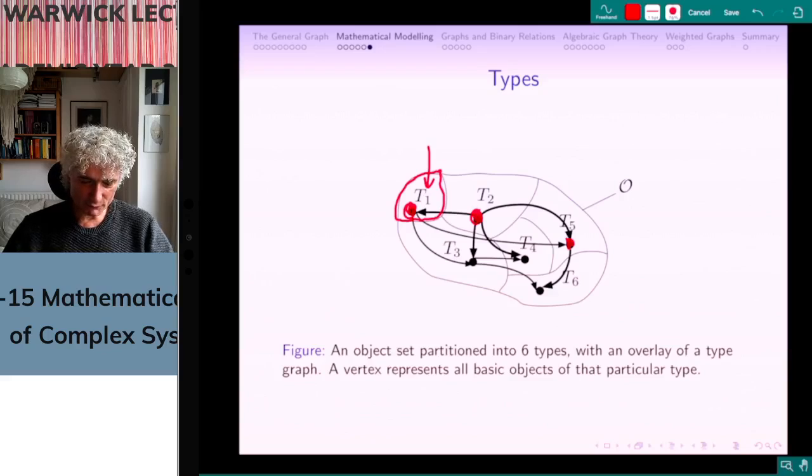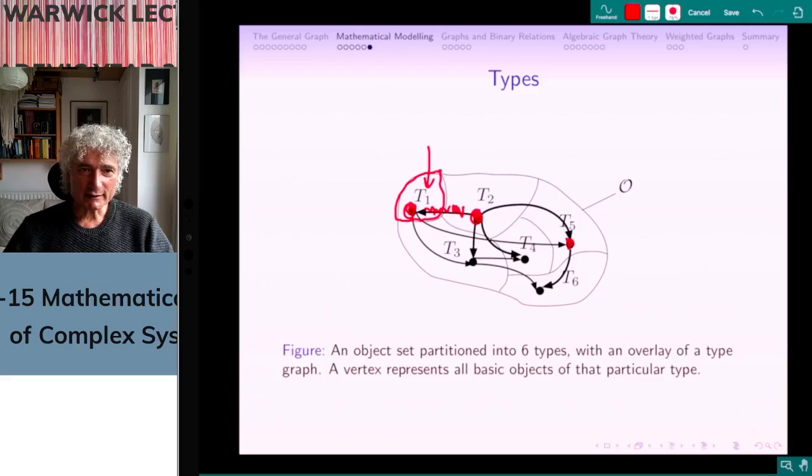That means we have to draw this arrow here because the oaks are influencing the acorns in their growth, and that's exactly how we construct this graph.